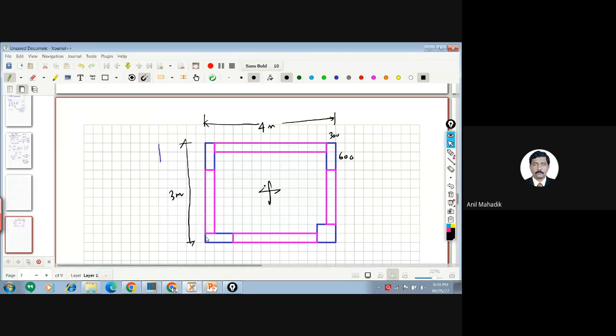So this out to out is 3 meters, and this out to out is 4 meters. But in a mathematical model in software, I cannot model 3-dimensional structures. I can model this beam as a line element. You're going to learn that in software training. So I can model this beam using a line only.